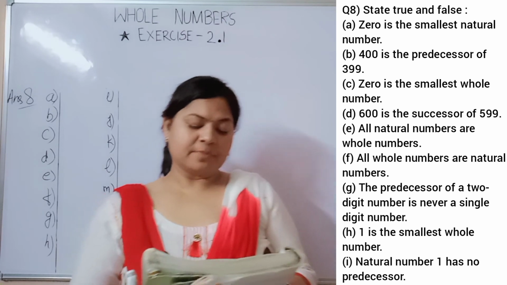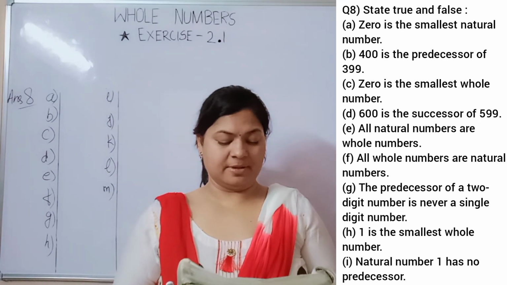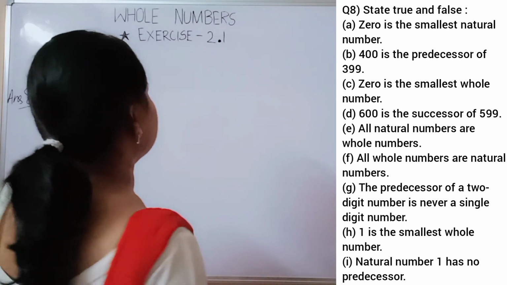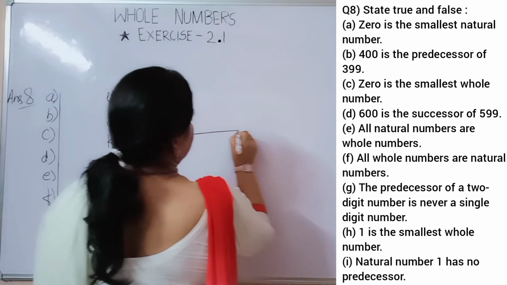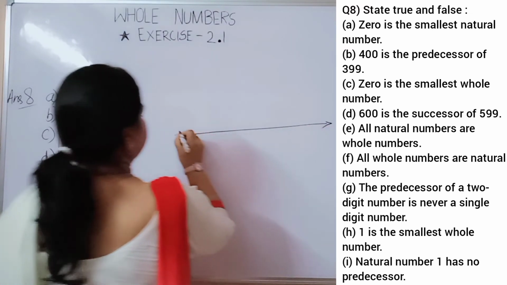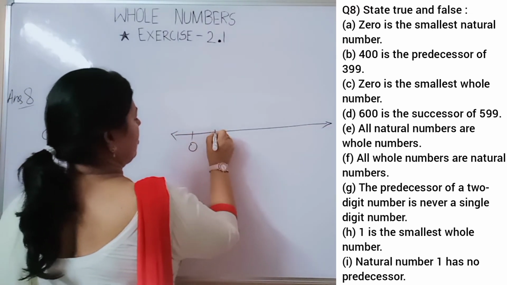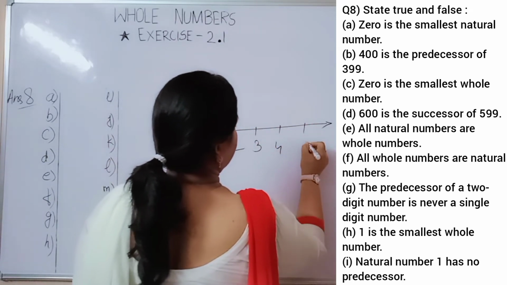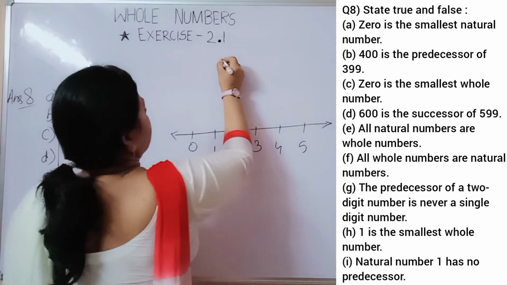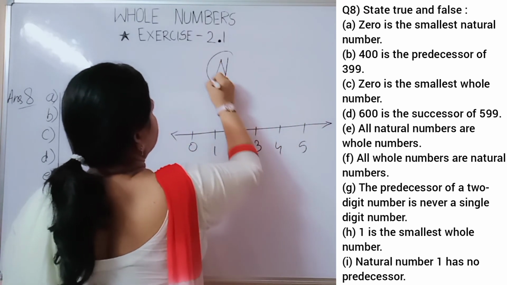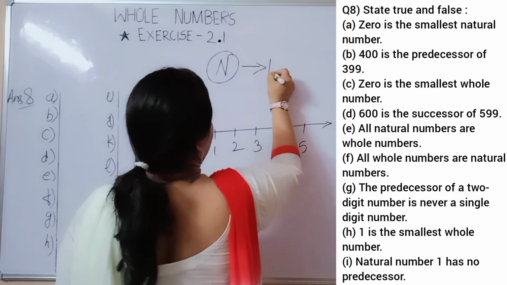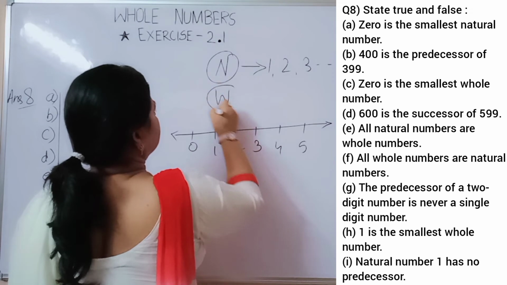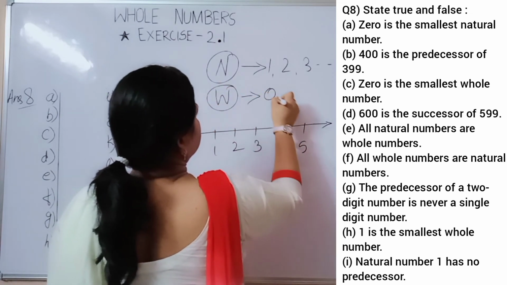Question number 8. Which of the following statements are true and which are false? A part, 0 is the smallest natural number. To clarify this statement, I draw a number line. 0, 1, 2, 3, 4, 5, and so on. Natural numbers start from 1. Whole numbers start from 0.